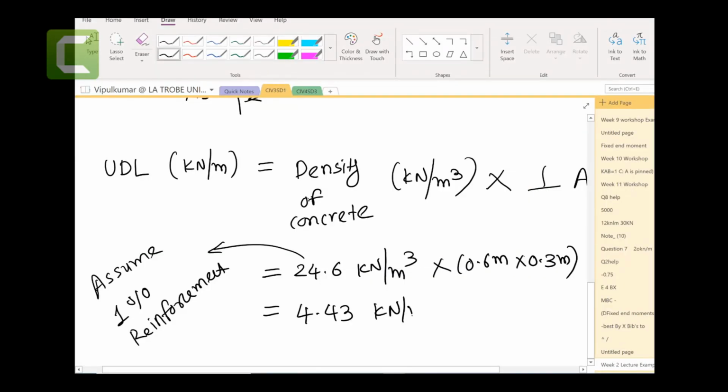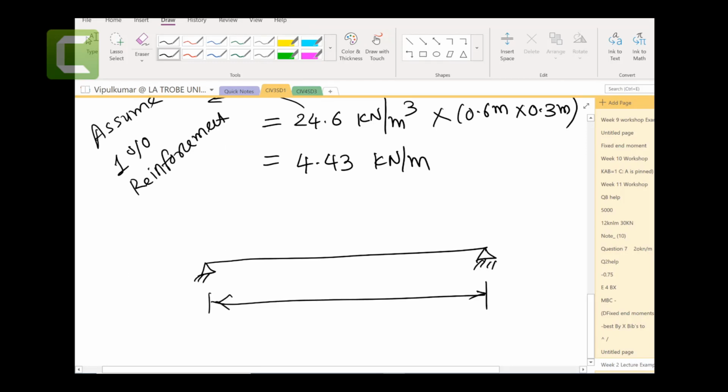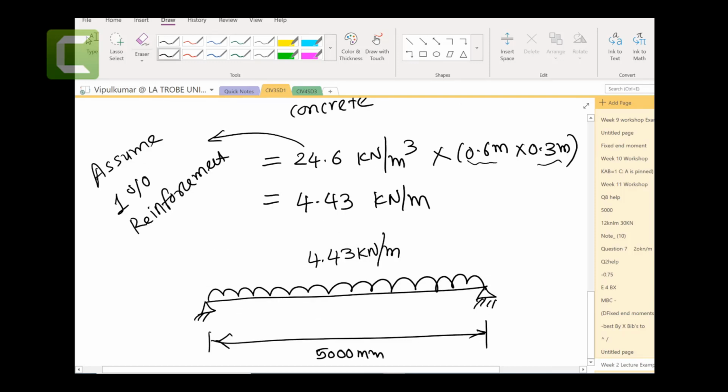4.43 kilonewton per meter. So that is your first answer: what would be the UDL load due to the weight of the concrete over this 5000 millimeters would be 4.43 kilonewton per meter. Look, you need to always feel it. Feel it meaning that if you somehow screwed up some units here and there for millimeters and meters, just feel it: 4.43 kilonewton per meter, yeah, it makes sense.